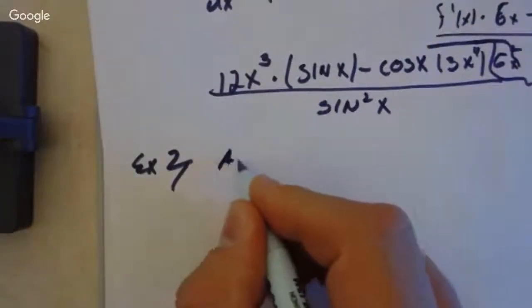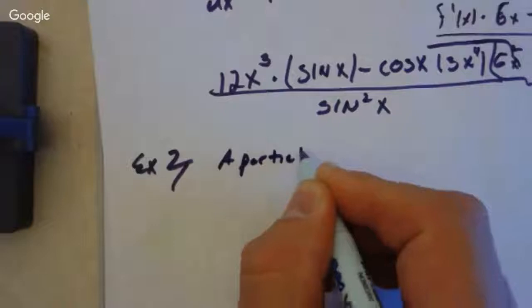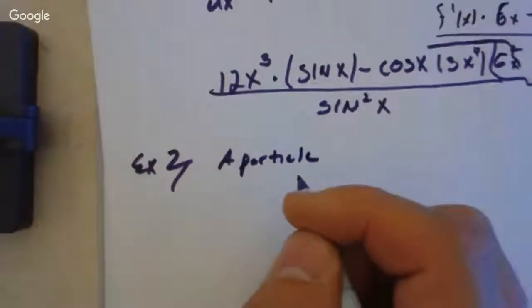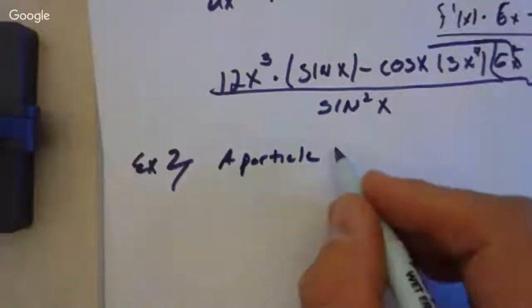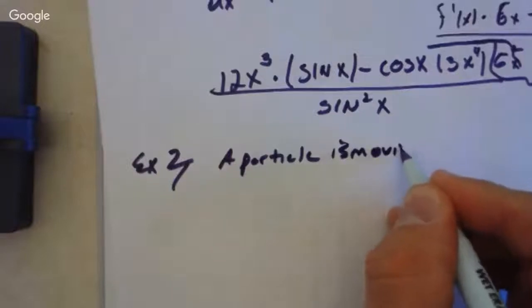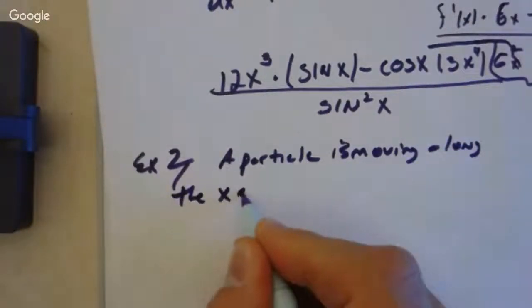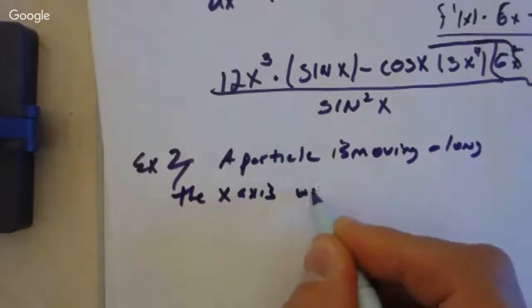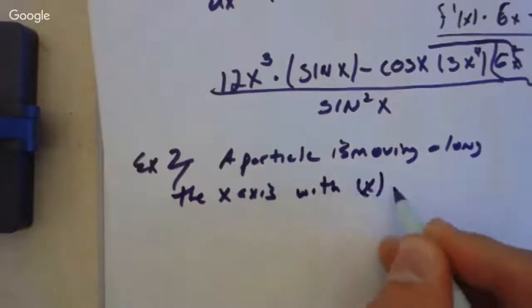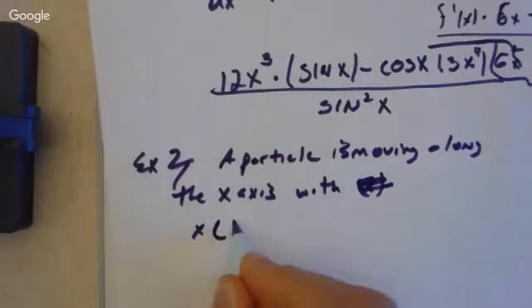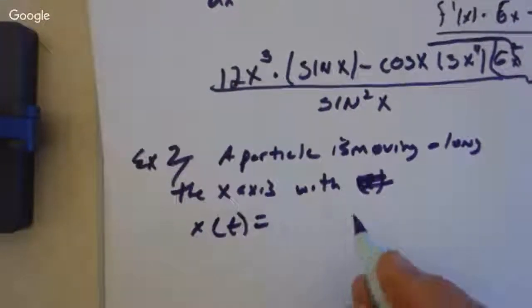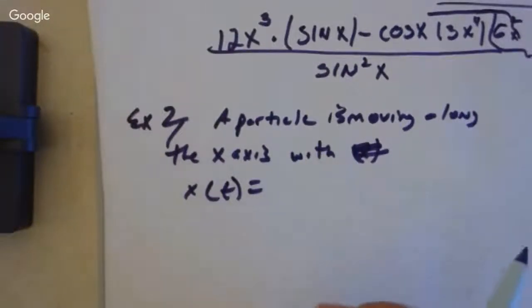Okay, let's go for this. A particle is moving along the x-axis, which, for some reason, Lynn McMullen, the guy that writes the AP test, he loves these problems. A particle is moving along the x-axis with x of t equal to... I've got to have this do something.